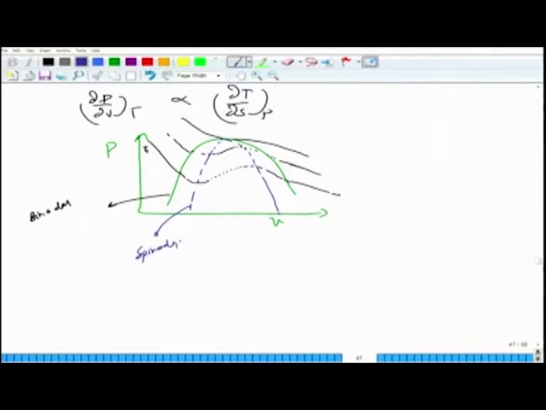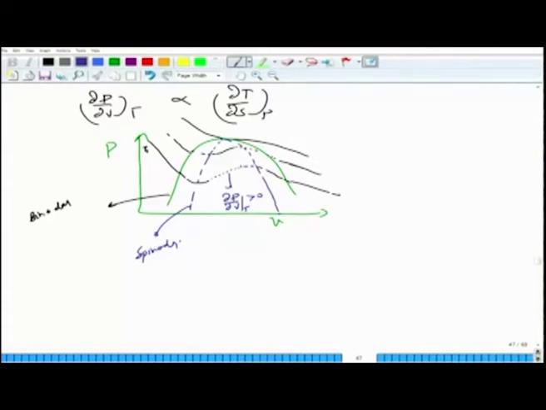So what you see from this part to this part is that the slope is positive at constant T. When the slope is positive, from our stability criteria, del p by del v should be less than 0, which means this is the region where it is unstable.